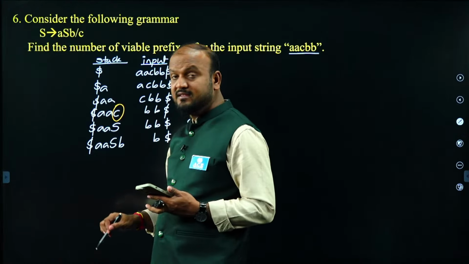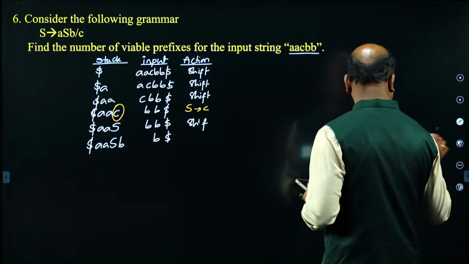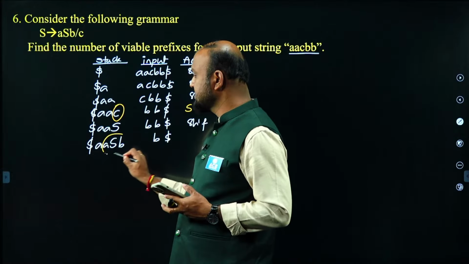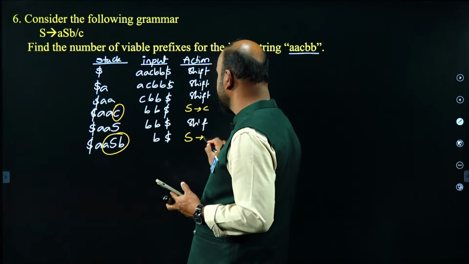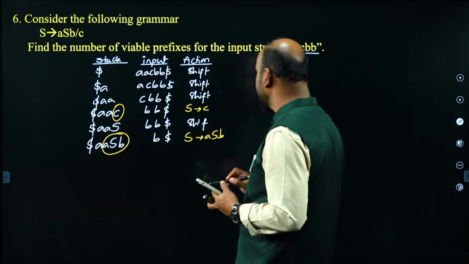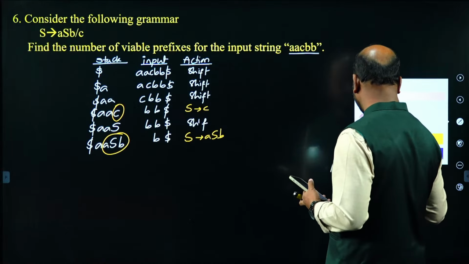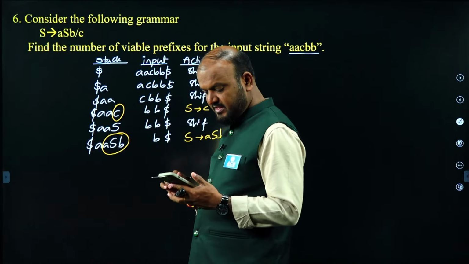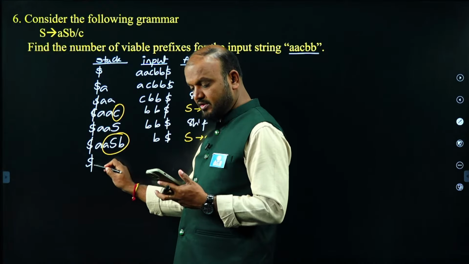Now when you scan the stack, we can find there is a handle that is matching with RHS of a production. S derives ASB. Whenever a handle is found, it has to prune the handle. Prune the handle means replace RHS with LHS.